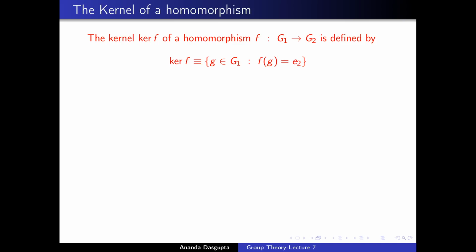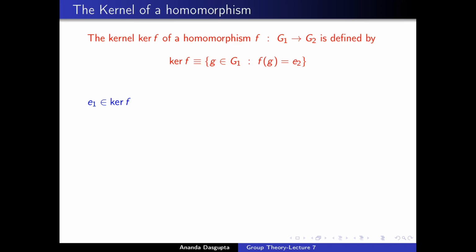Now this is obviously a subset of G1, and it's again rather obvious that this is a non-empty subset. The reason for that is as follows. We had already proven in the last lecture that for any homomorphism f, f when acting upon the identity E1 of the first group must give you the identity of the second group, which means that if nothing else, at least E1, the identity of the first group, will belong to the kernel of a homomorphism.